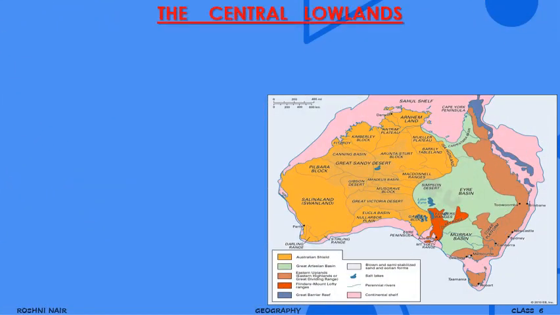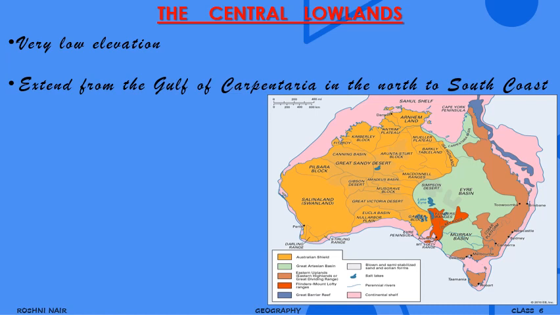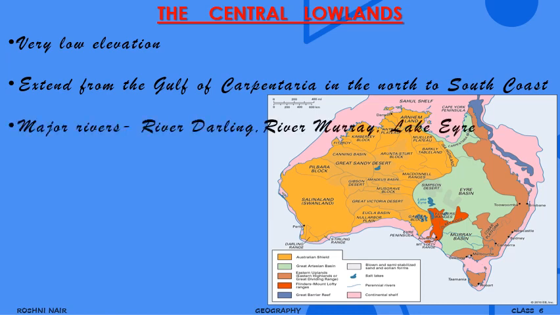Let us understand the central lowlands once again. As I mentioned, it is a very low-lying area between the Eastern Highlands and the Western Plateau, and the central lowlands extend from the Gulf of Carpentaria in the north to the south coast, that is Encounter Bay in the south.